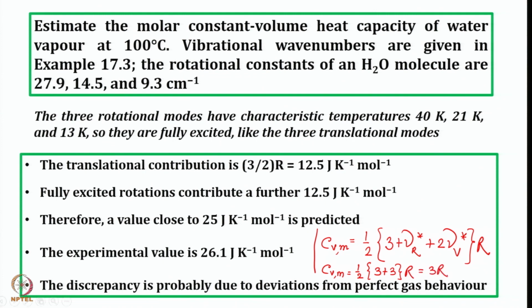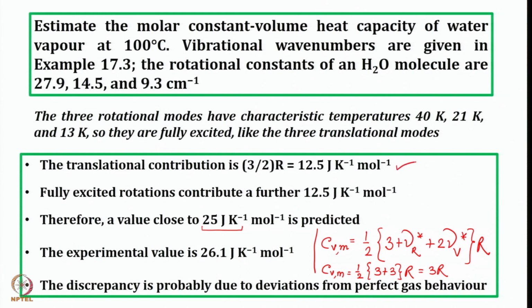R is the gas constant. So, R is 8.3145 joules per Kelvin per mole. Once you put that number, you are going to get a value close to 25 joules per Kelvin per mole.